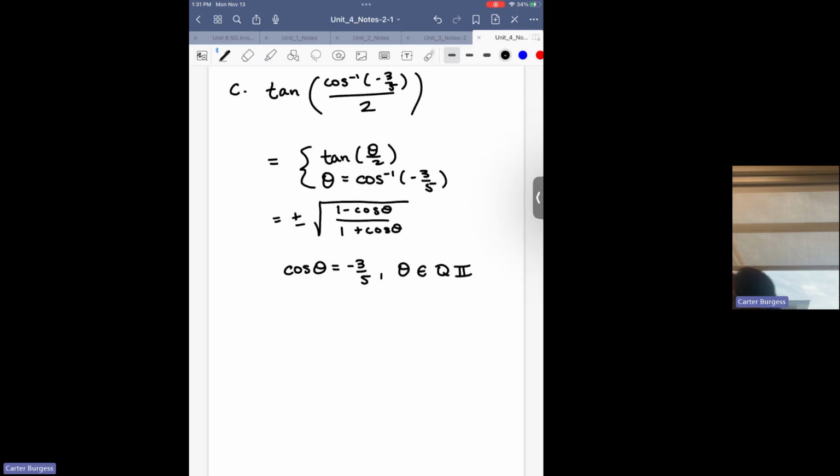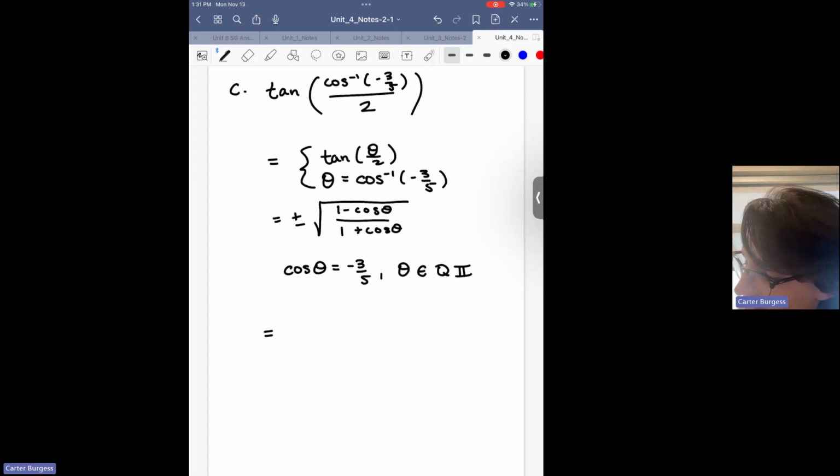This is just what we do every time we run into these inverse trig functions: we're really thinking about this statement, that cosine of this angle, or sine of this angle, or tangent of this angle is equal to this particular ratio that we are given. Normally, we would then construct our triangle and find the missing side. Here, we actually don't need to, because everything that we're using is in terms of cosine of theta. We know cosine of theta is -3/5.